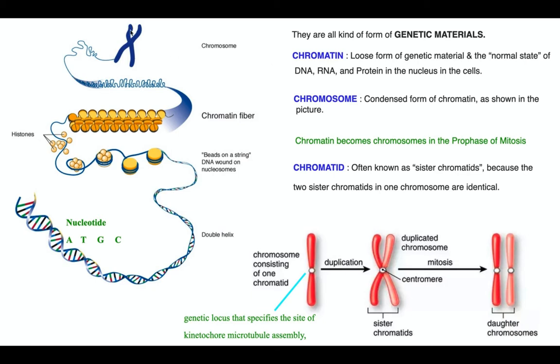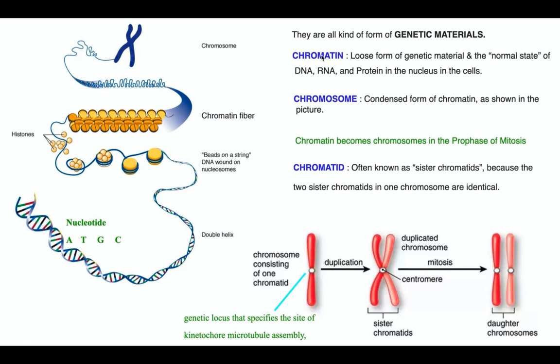We know that a chromosome is composed of a double-stranded DNA double helix, which is composed of nucleotides, and in nucleotides there are nitrogenous bases: adenine, thymine, guanine, and cytosine, and there are proteins, histone proteins and non-histone proteins as well.